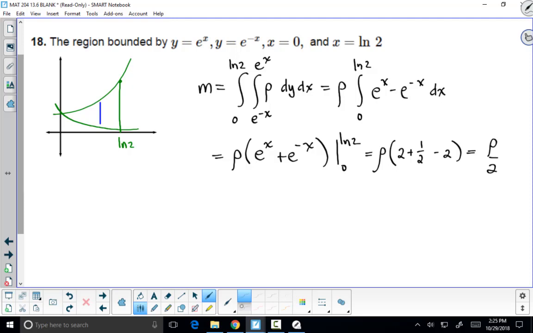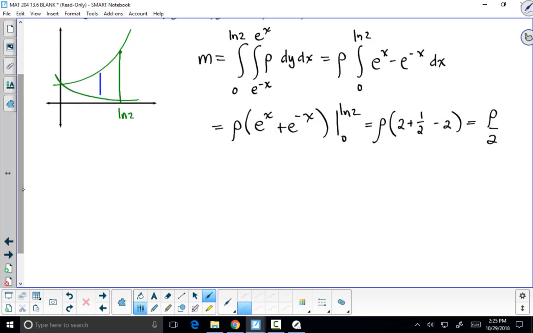Okay, so now let's find our moments. So first let's find the moment about the x-axis. So we have the same integral. Maybe I should say the same limits. And the moment about the x-axis, we have to take the density and multiply it by the distance to the x-axis, which is y.